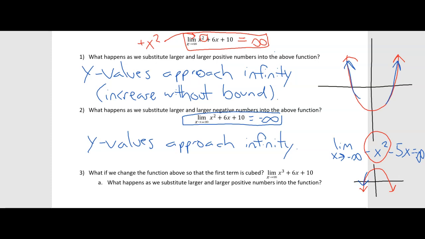If I substitute in negative numbers, and that's what I really should think about because my x's are approaching negative infinity, I'm going to square them, which makes them positive, but then I'm going to multiply by -1, which is going to make them always negative. So as x approaches negative infinity, the y values are going to approach negative infinity here as well.